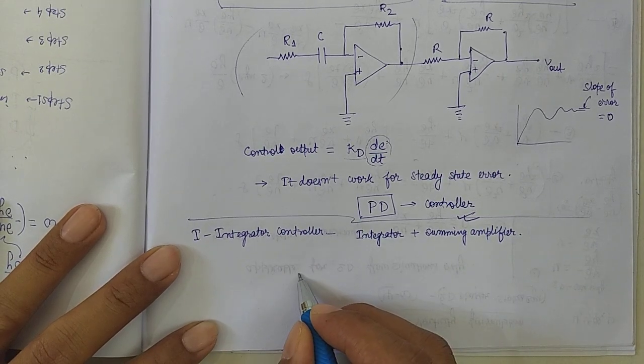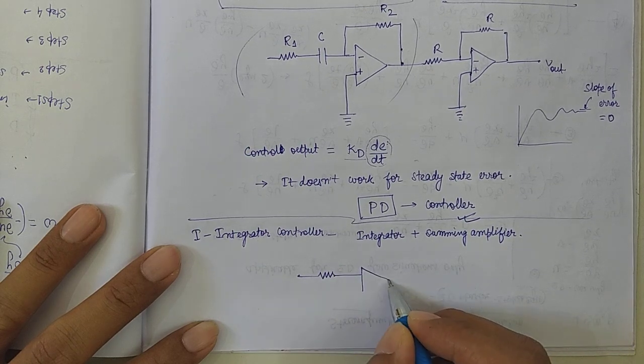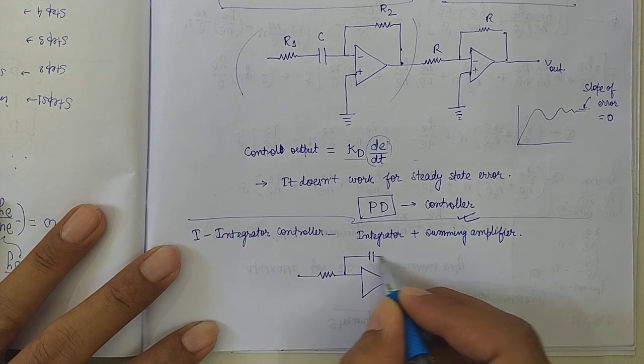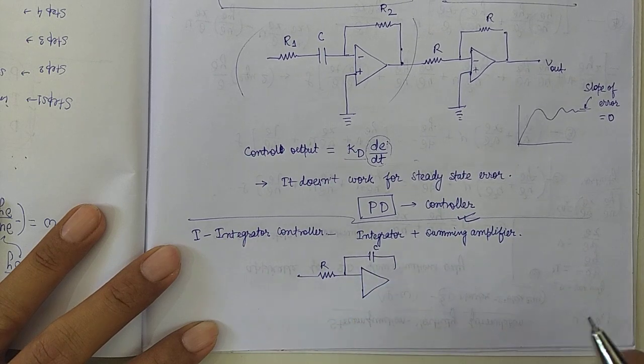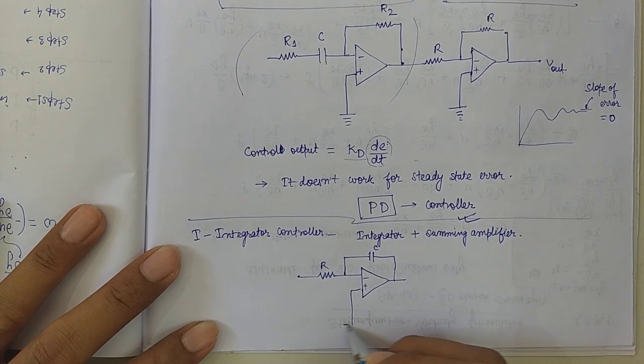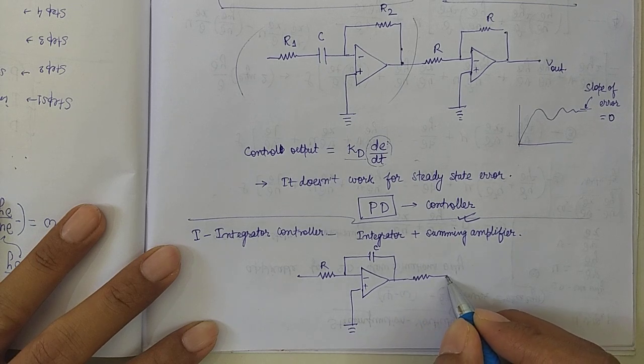So this is how it looks like when we talk in terms of op-amps or real circuits. This is some resistance, this is your capacitance, negative, positive, V0, in conjunction with the summing amplifier.